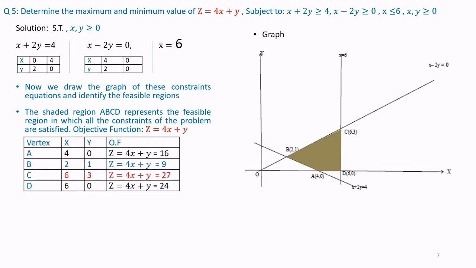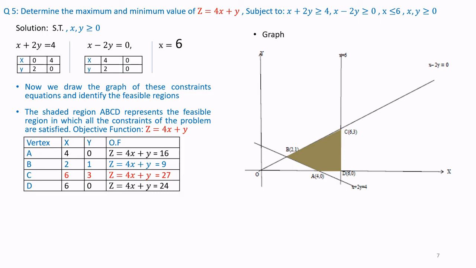Therefore, we will draw the table of vertices and write their respective coordinates. The vertices are A, B, C, D in the column. A is 4, 0, B is 2, 1, C is 6, 3, and D is 6, 0. So we have written the values of x and y for all the points A, B, C, D.